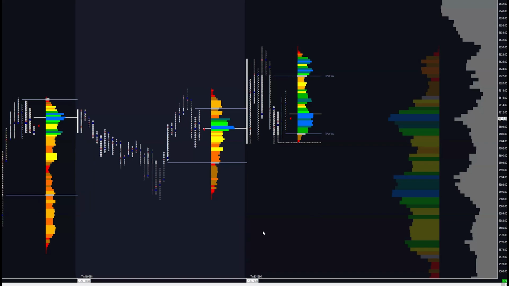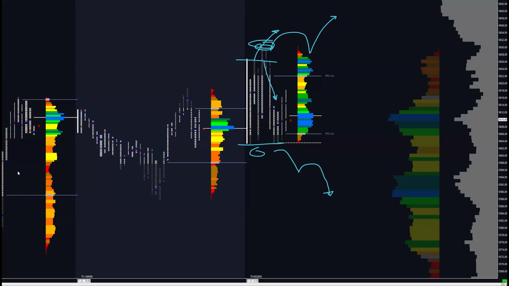So a quick review. Number one, if we get a failed excess move above or below and can't close on the IB, we're most likely going to reverse and look for the other side of the IB. Number two, if we get an excess move that actually closes outside of the IB, there's a high probability you're going to see a trend move in that direction.